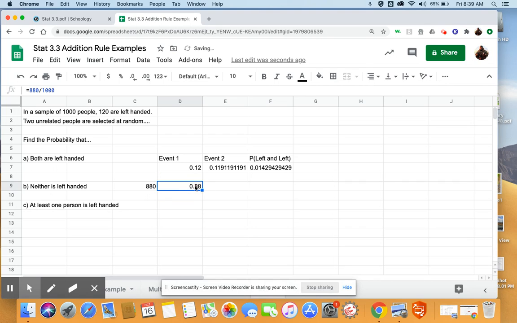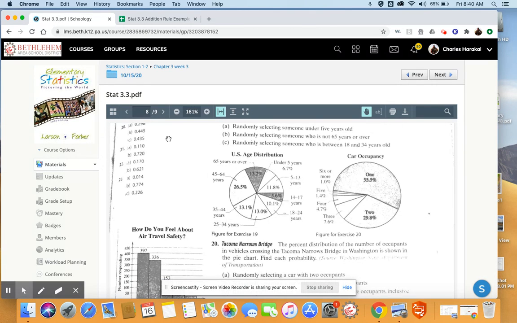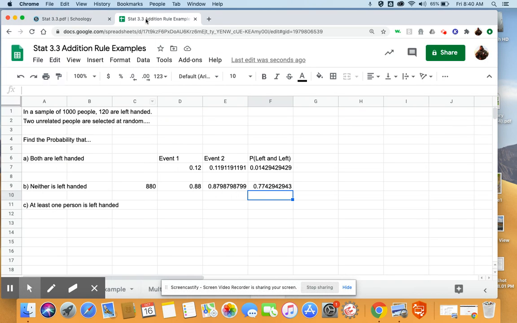And that's our probability that the first person is right-handed. And now that we've selected someone out, we now have 879 people left out of 999 people left. And we get this decimal. And again, we're going to multiply those 2 numbers. 0.774. Double check our answer. 0.774. We are correct.